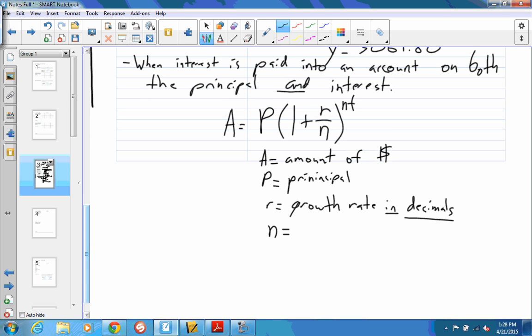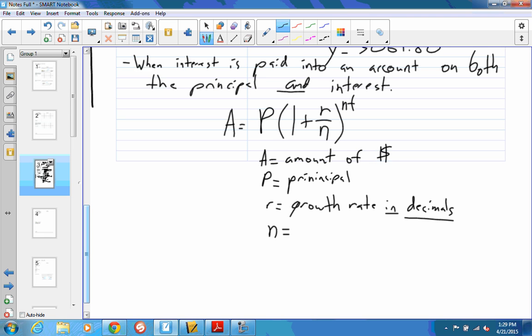N. This is what's different. T is pretty obvious. T is time. So if I put $500 into account, let it sit for 10 years, T is 10, right? It's almost always in years, all right? But N is the amount of times it's compounded. You'll see in these next problems, I can compound interest in a lot of different ways. I can compound it every day, so compounding daily.